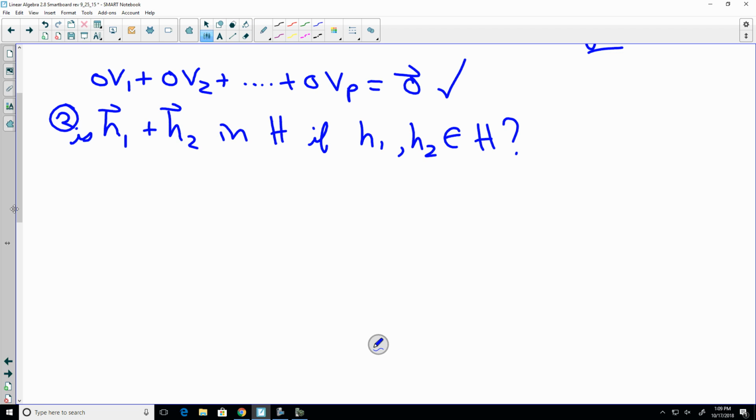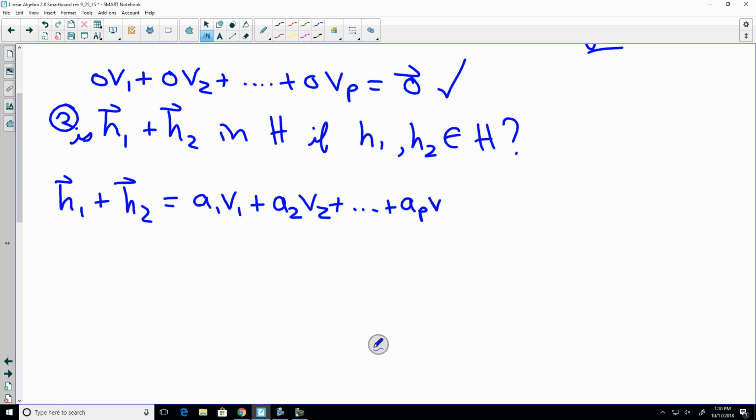So H1 plus H2 is what? H1 is a linear combination of the vectors V1 to Vp. I'll just say it's A1 V1 plus A2 V2 through Ap Vp, plus H2, which is also a linear combination. It could be a different one, we'll call it B1 V1 plus B2 V2 through Bp Vp.